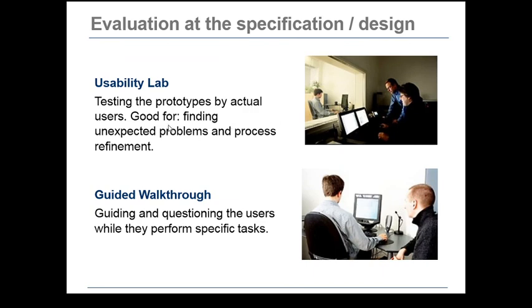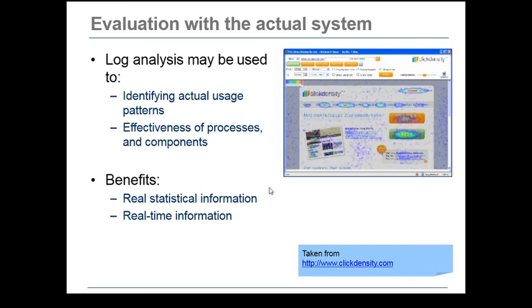So what is the usability lab? Testing the prototype with actual users, good for finding unexpected problems and process refinement. What is a guided walkthrough? Guiding and questioning the user while they perform specific tasks. Evaluation with the actual system. As we will see in this diagram, there will be a form.